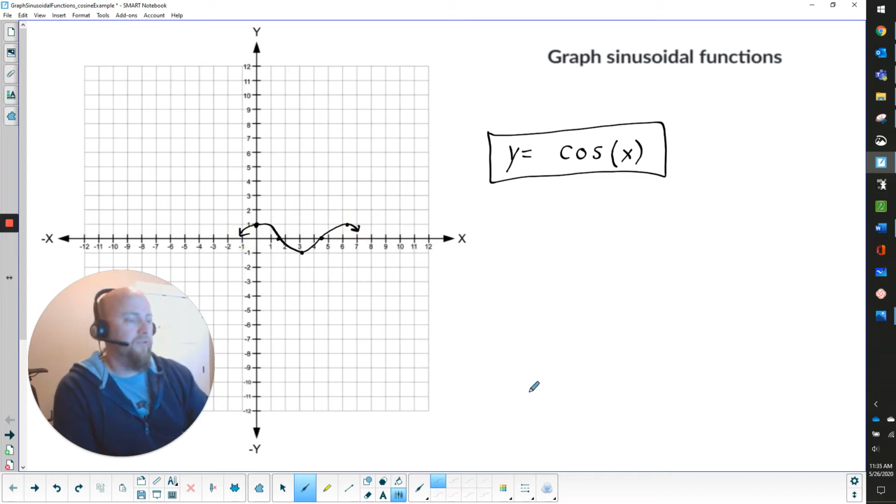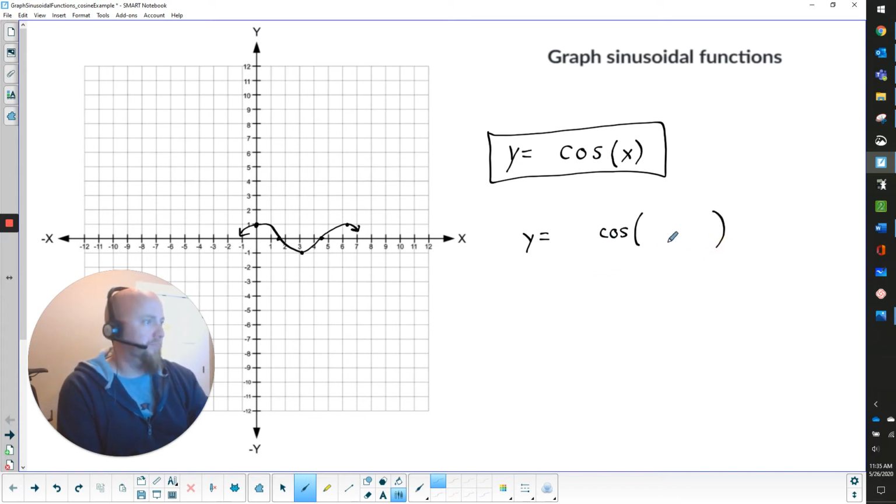We introduced ways of changing this, ways to change this.